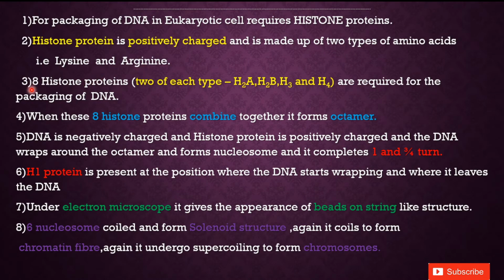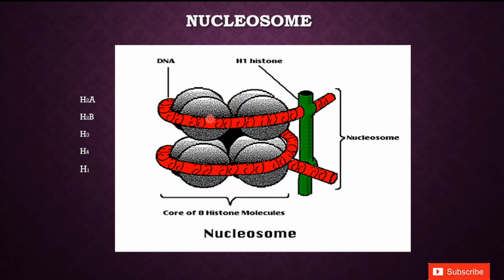Now for this packaging, 8 histone proteins are required, 2 of each type. See, 1, 2, 3, 4, 5, 6, 7, 8 histone proteins are required, 2 of each type. Two of each type means 2 will be H2A, this one and this one, one from the upper side and one from the lower side.